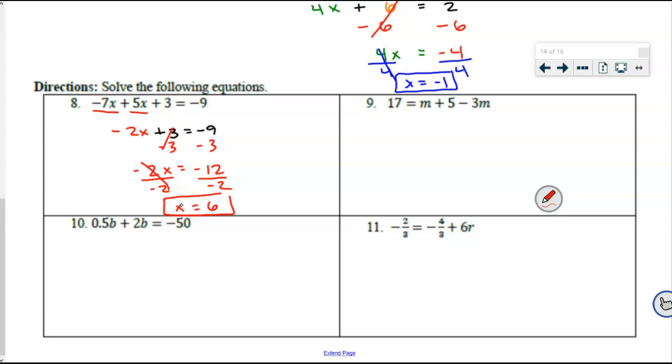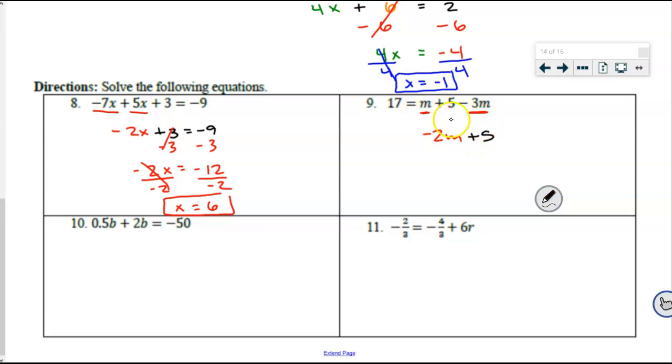Next one. Again, we're simplifying before we solve. M, which is going to be like an x tile, just an m tile, 5 and negative 3 m tiles. When I combine these m's with these m's, I end up with negative 2m. Don't forget we still have our plus 5 unit tiles.